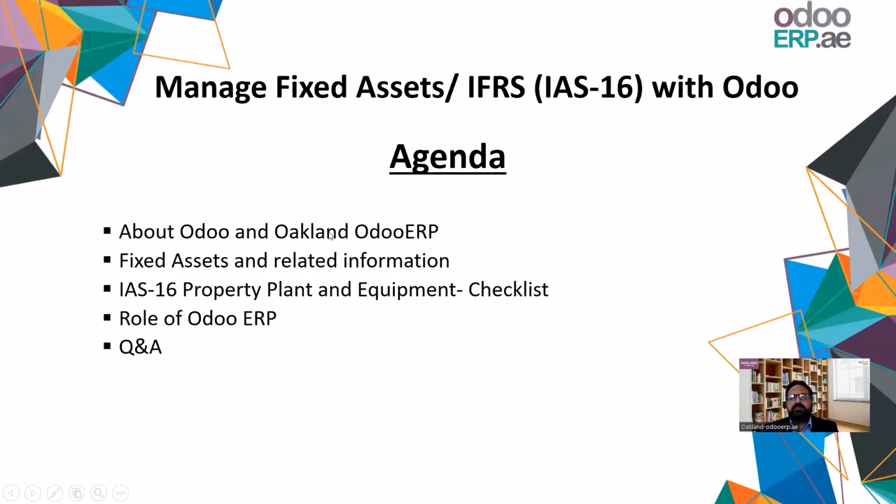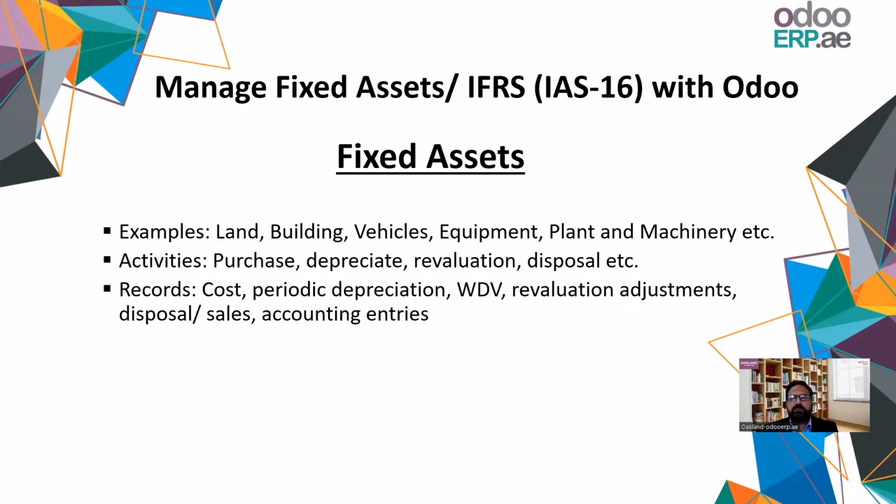Let me brief a little bit about fixed assets. Fixed assets normally include land, buildings, vehicles, equipment, and plant and machinery. There are different activities when we acquire fixed assets, like purchase of fixed assets, depreciation, revaluations, and disposal or sale of the fixed assets.